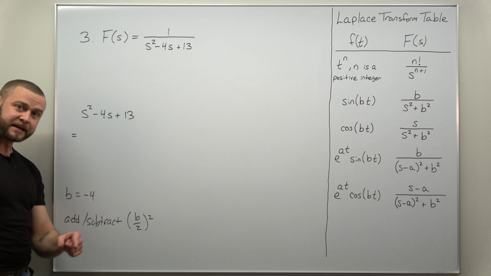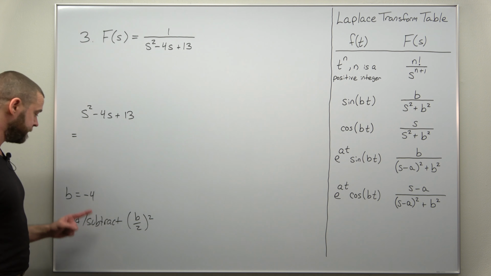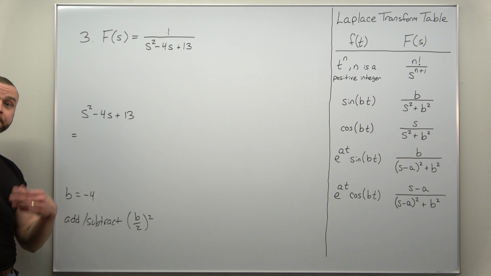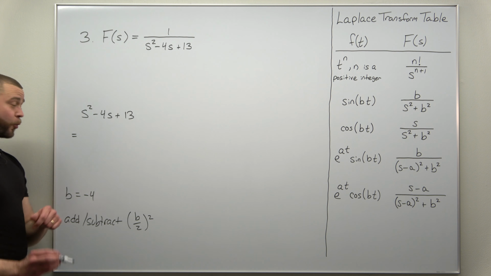All right, so if we go ahead and calculate what we're going to add and subtract, that's adding 0. Take b divided by 2, negative 2, square it, you get 4. We're going to add and subtract 4 here.